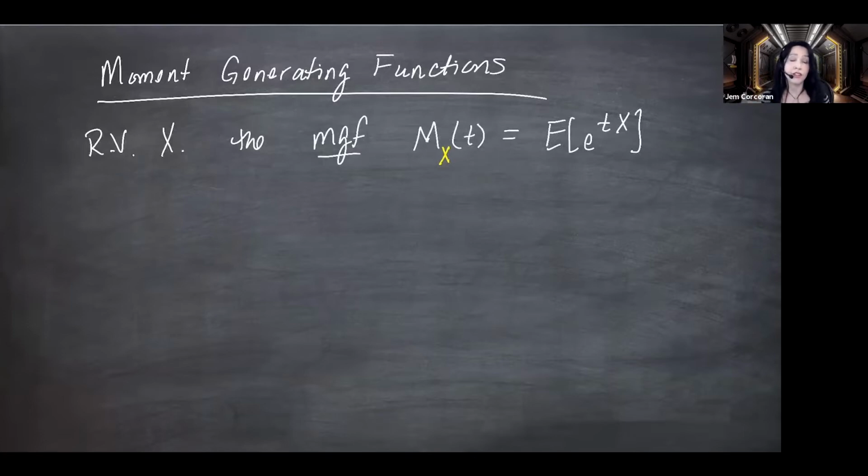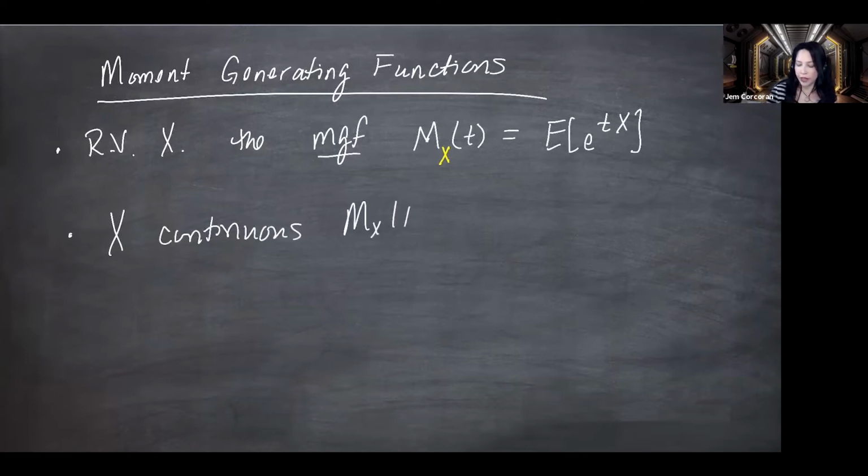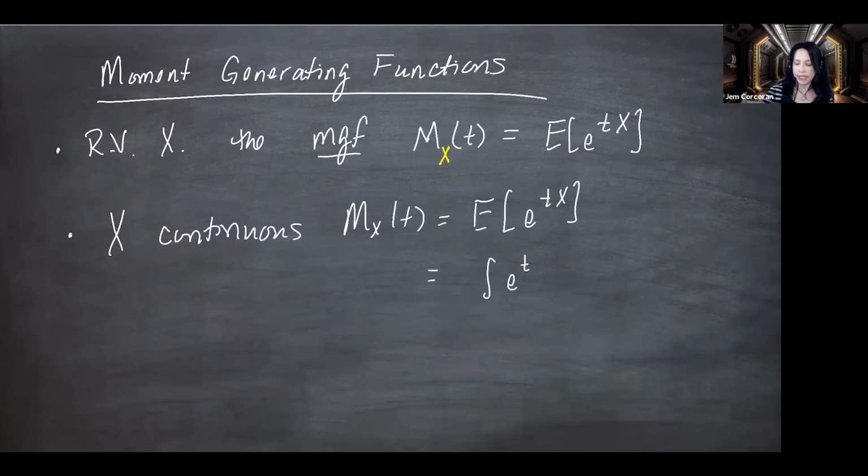This is the definition, whether x is discrete or continuous. Computing this expectation is just going to be different when the random variable is discrete versus continuous. So if x is continuous, then the moment generating function, which is this expectation, is the integral of e to the tx in front of the PDF of x, and you integrate over the whole world.